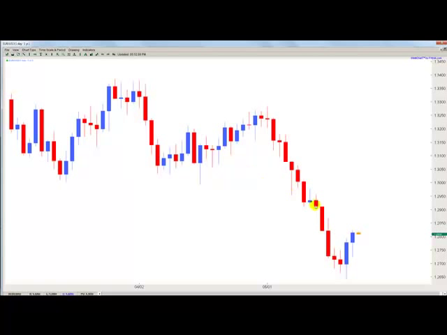So, for instance, this is what's called a bullish engulfing pattern, because this blue candle's body, in other words the fat part of the candle, engulfs the body of this former candle. And a bullish engulfing is a sign of a bottoming and a turnaround.